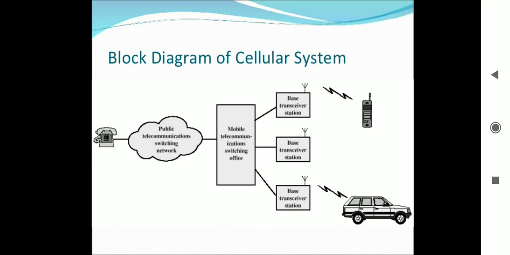Cellular telephone systems are now built with smaller cells, with base stations close to street level or inside buildings, transmitting at much lower power. These smaller cells are called micro cells or pico cells depending on their size.